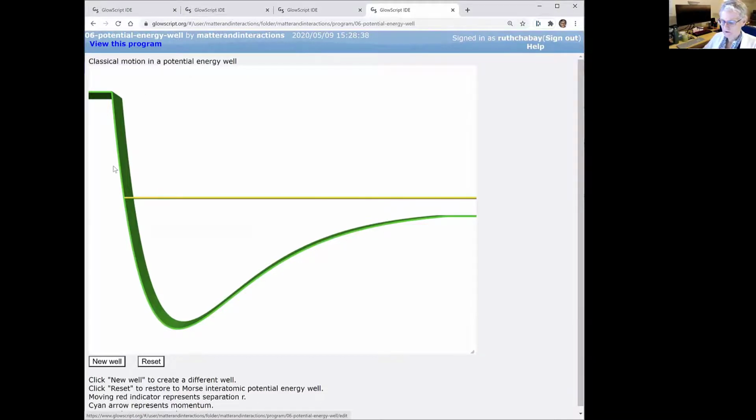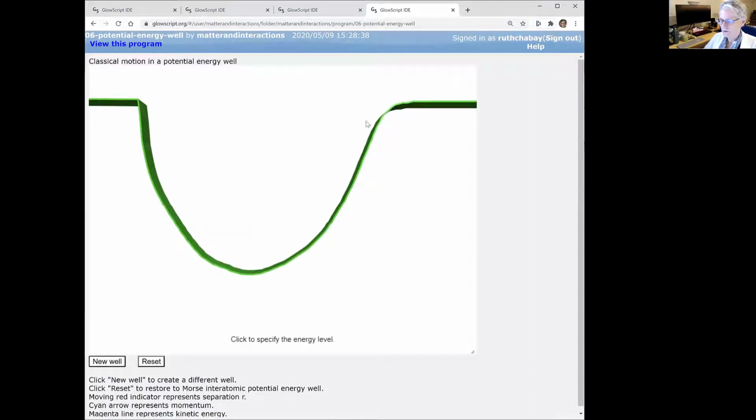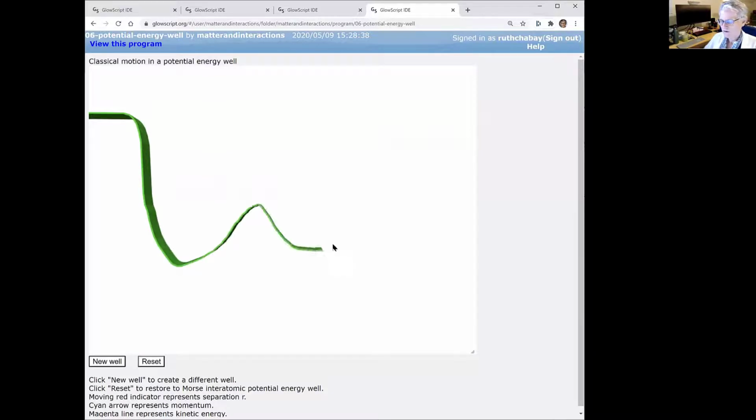Now, this is a fun program because you can actually draw your own potential energy curves. So we try to draw something like a parabola. We can see what happens. K plus U means K is higher at the center. You can also experiment with drawing some more interesting potential energy wells.